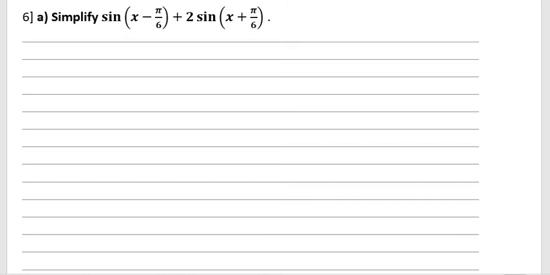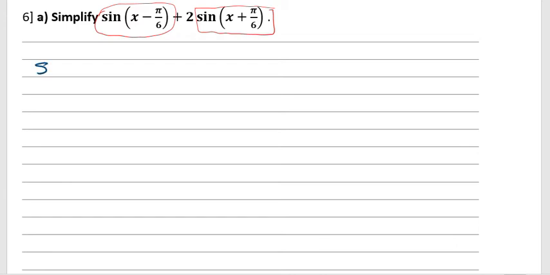In both questions, if we have a part with a rule, we have to expand it using the expression of this rule. In this question, we have two parts with rules. This part is the sine of the difference between two angles, and this part is the sine of the sum of two angles. Expand each part using its rule.